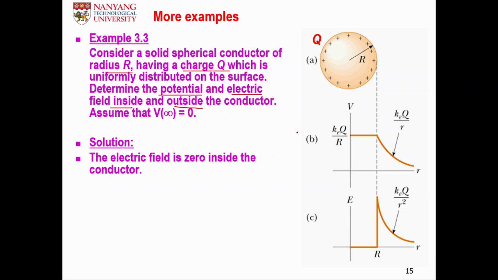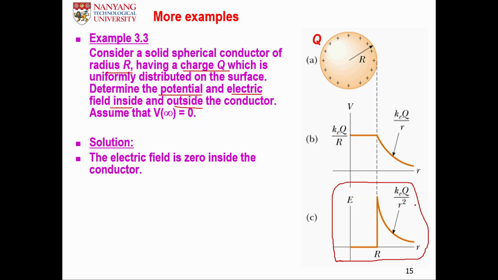So here, what we need to do, if you recall, we already have this one. We already derived this based on Gauss's law. Inside the conductor, E is 0, and outside the conductor, E decays in this way.